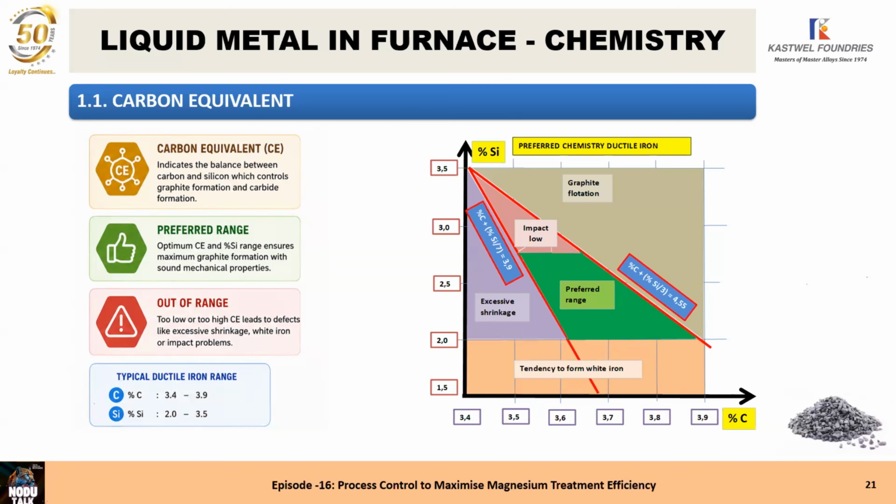For different wall thickness sizes, he has given the ranges of carbon equivalent, silicon, phosphorus, magnesium, and nickel. I do not know if I've answered the question, but I would very strongly recommend that you refer to that table to select the carbon equivalent based on the wall thickness of the casting for which you are preparing the liquid metal.